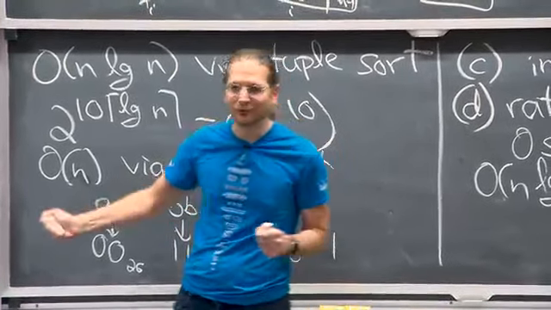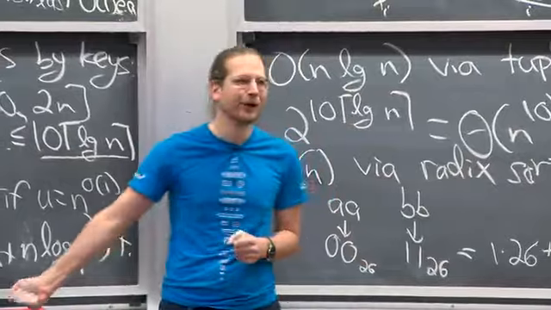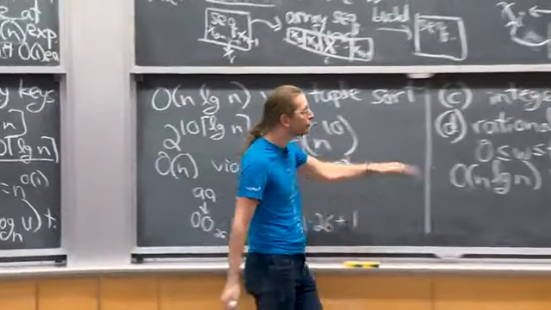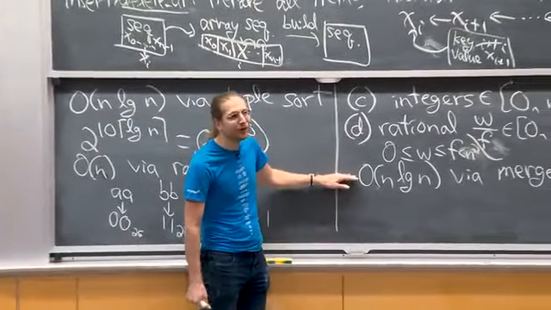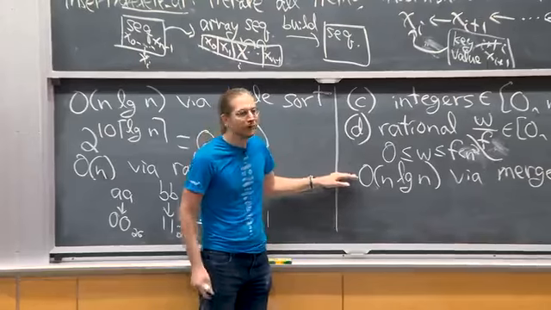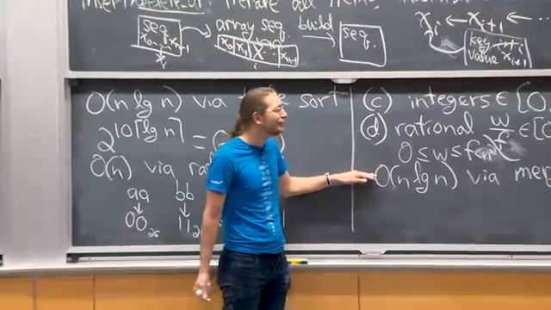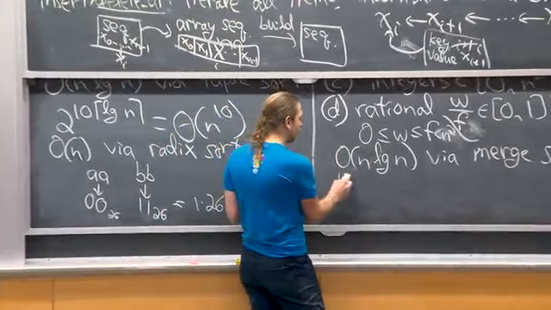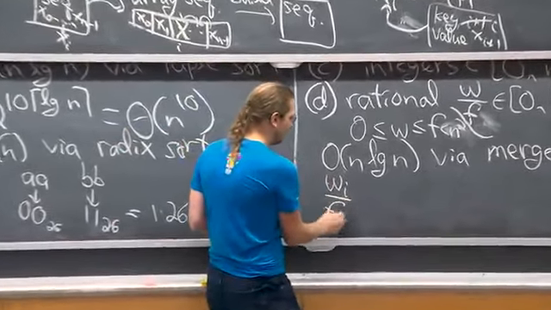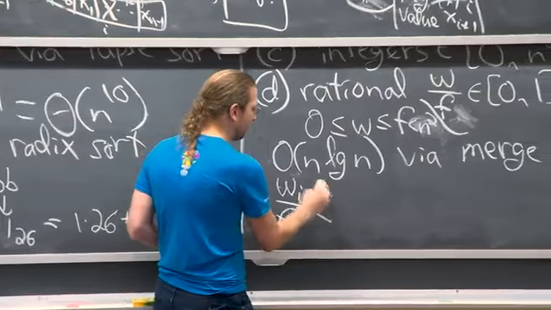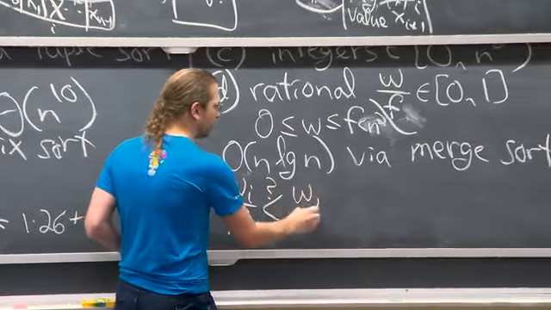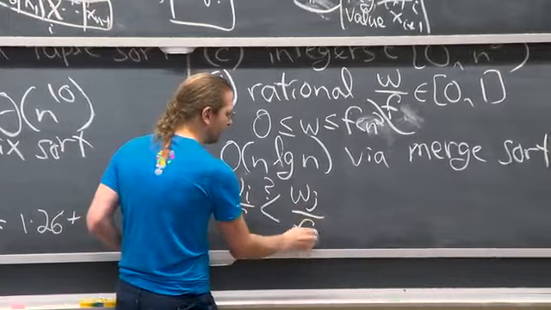And this is why we introduced the comparison model and proved an n log n lower bound in the comparison model, because merge sort and insertion sort and selection sort are all comparison algorithms. Radix sort is not, but this one is. But to apply merge sort, I need to say, how do I compare wi over fi versus wj over fj?